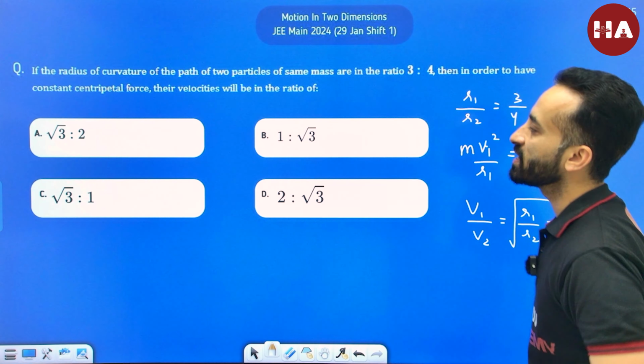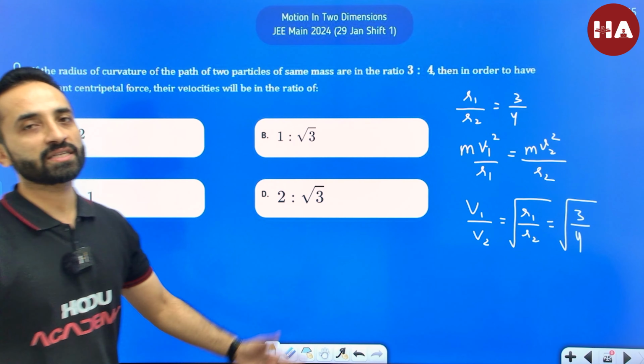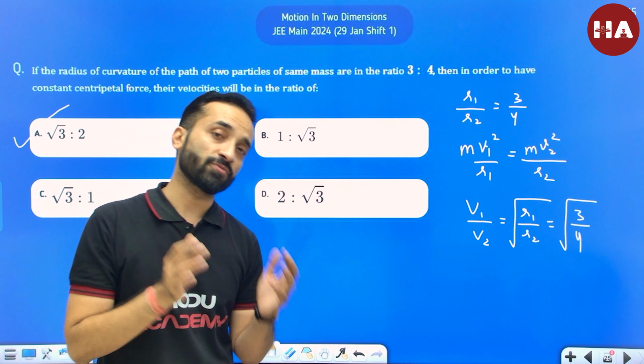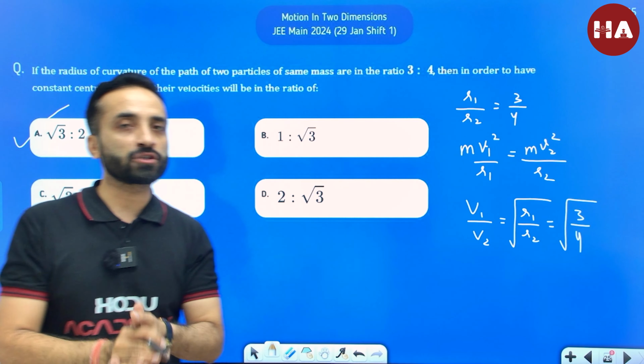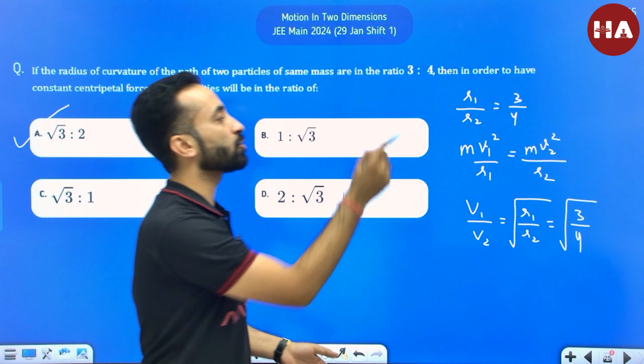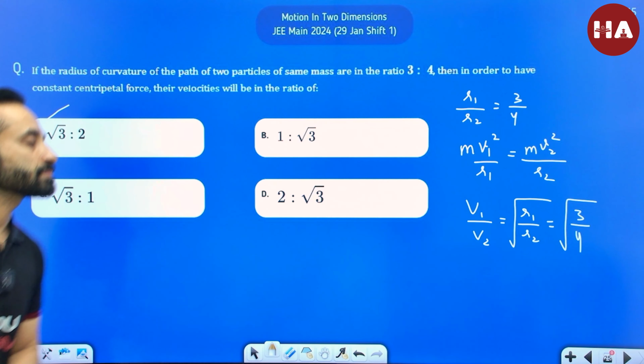So that's going to be root 3 is to 2. Very easily you can do this. I don't see any problem whatsoever. I hope you know centripetal acceleration is v square by r, and therefore force is equal to mass into acceleration. Hence it is mv square by r, but we don't need to worry about the term of m because mass is same for both the particles.